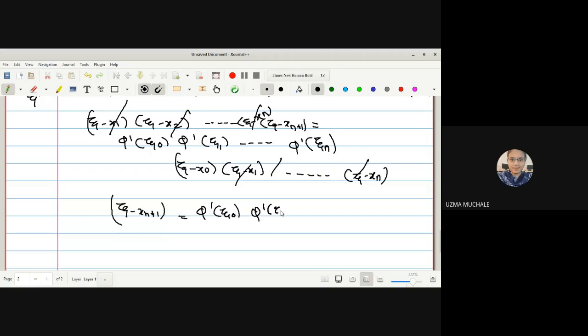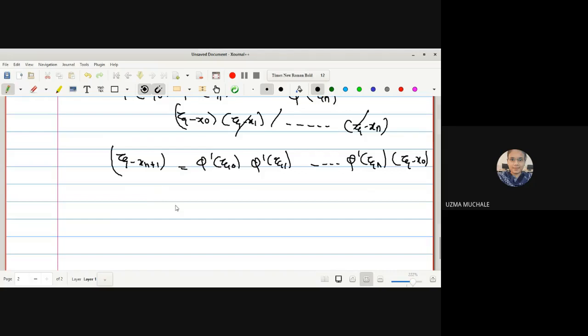So zeta minus xn plus 1 equals phi dash of zeta naught, phi dash of zeta 1, and so on up to phi dash of zeta n, into what remains, which is zeta minus x naught. Now, we have assumed that mod of phi dash of zeta i is less than or equal to k, which is less than 1.